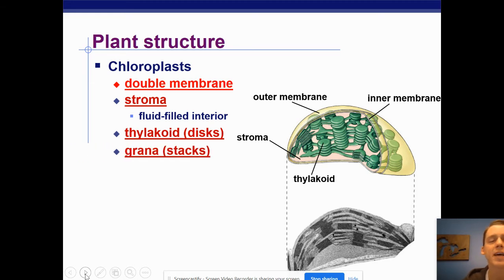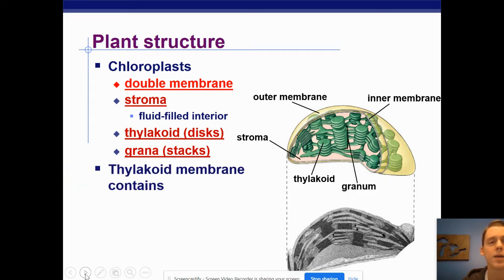The stacks of thylakoids are called grana. And the thylakoid membrane then is going to contain those pigments called chlorophyll. Chlorophyll are pigments that collect the sun's energy. It's also what makes the thylakoid green. The thylakoids make then the chloroplast look green, which makes the entire plant look green.